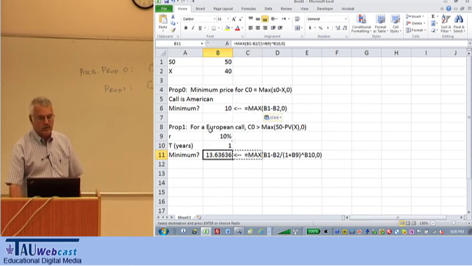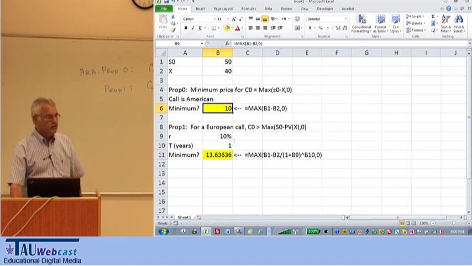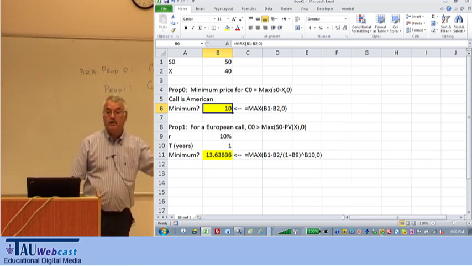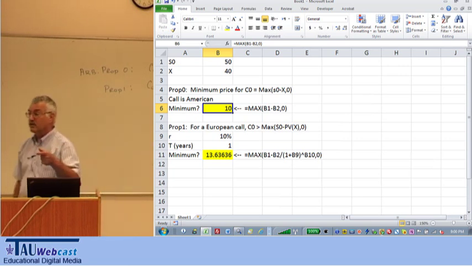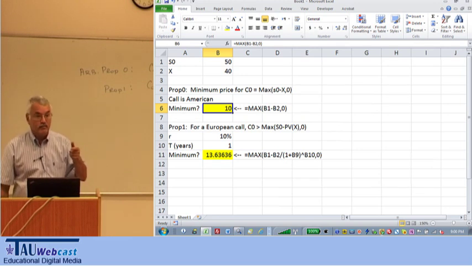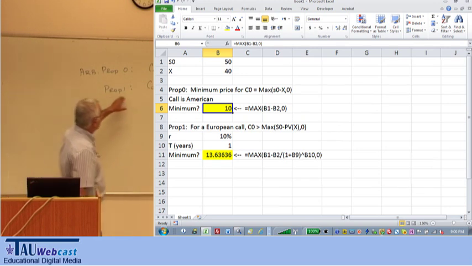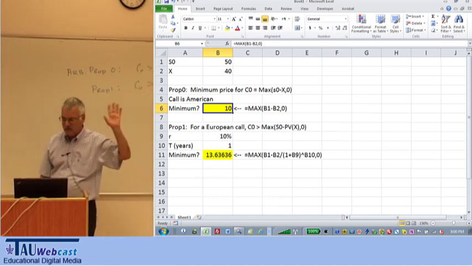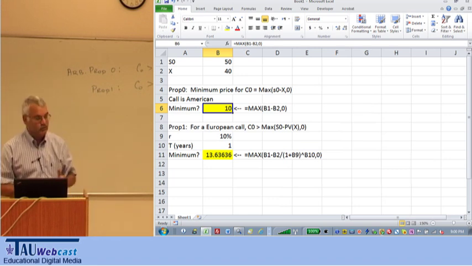Okay, so the first thing you notice is that this number is much larger than this number. The present value is smaller, but the difference between the current stock price and the present value is larger. So this proposition gives you a much more severe bound on the option price than the first proposition.